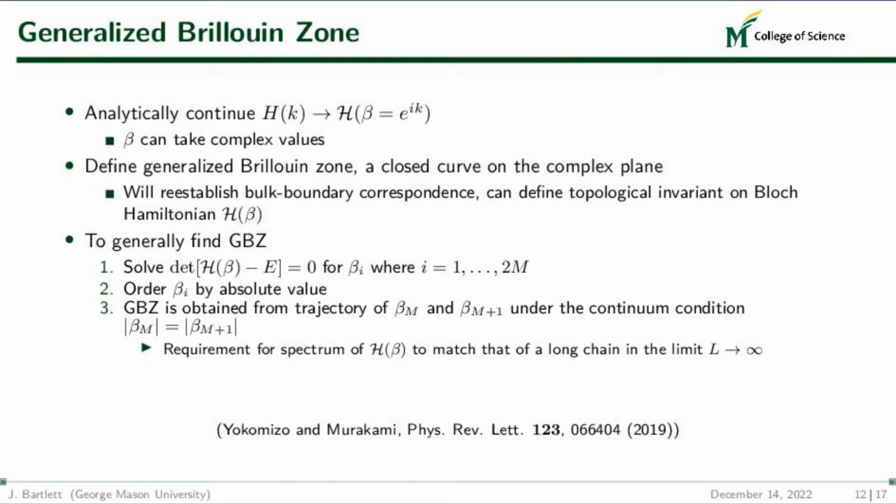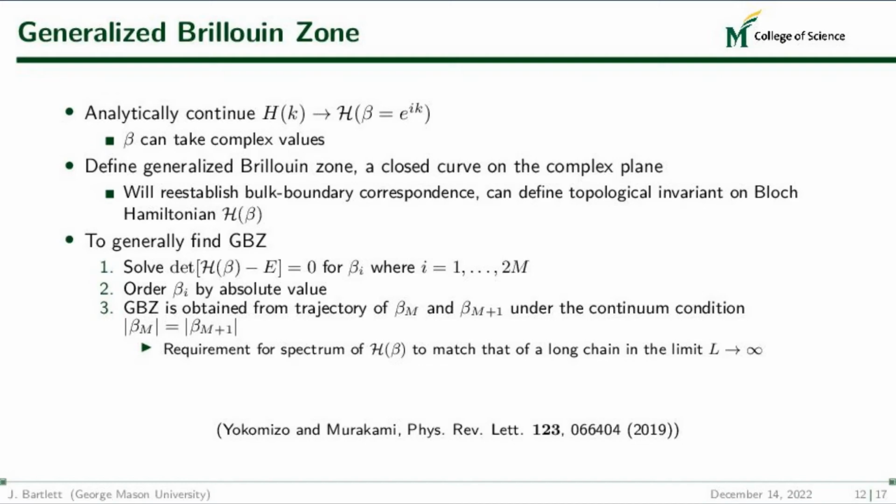And so this continuum condition: you choose the two middle solutions after ordering your beta solutions, and you impose that the absolute values of these two solutions must be equal. This is a requirement for H(beta) to match that of the long chain in the limit L goes to infinity, or in other words, reproduce these continuum bands.